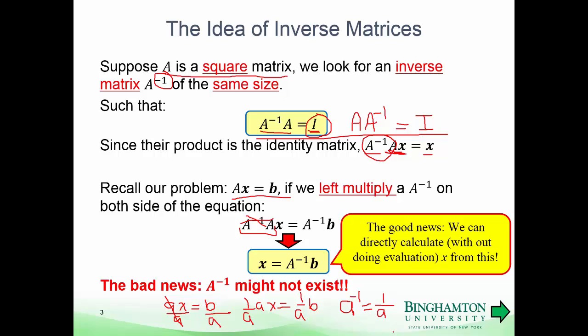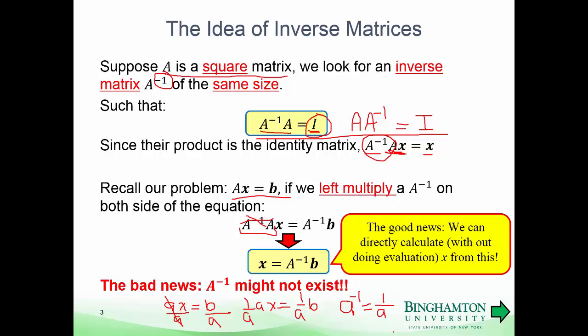So if we had 0x equal to b, there's no solution when b is not equal to 0. So it's interesting to always try to tie these things back to the more normal scenarios for the scalar equations, and make sense of why we're doing what we're doing.